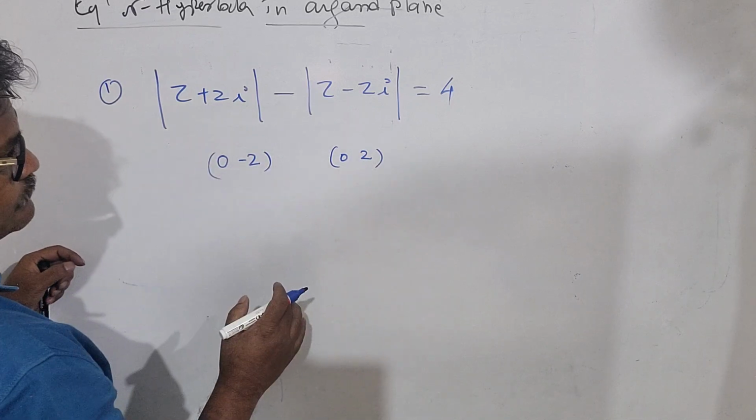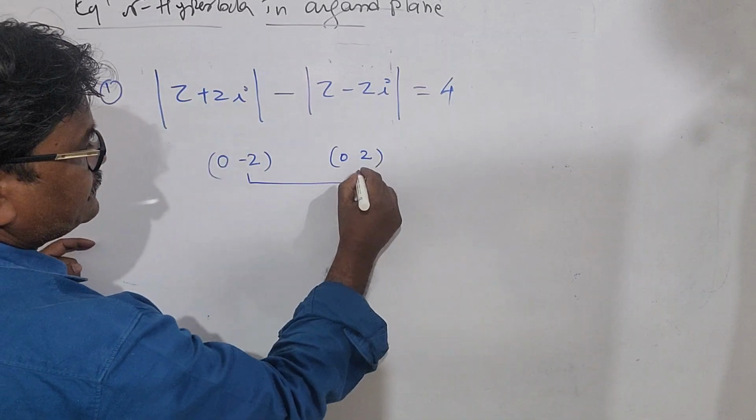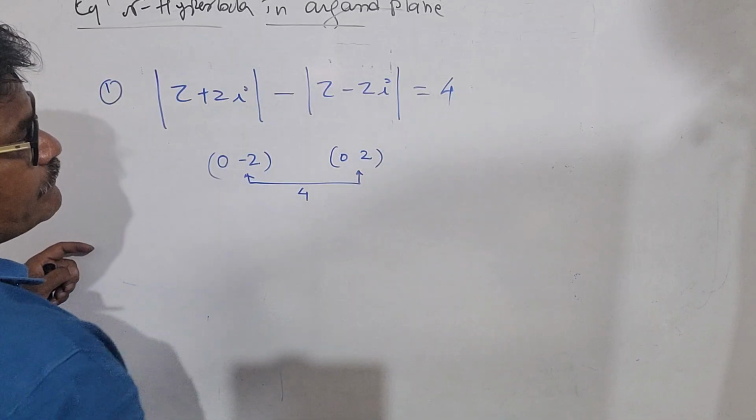These are the foci if it represents a hyperbola, but the distance between the foci is 4, and that cannot be greater than 4 over here.